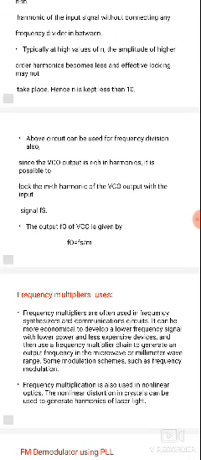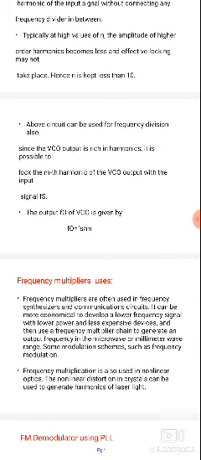The above circuit is used for frequency division also. Since the VCO output is rich in harmonics, it is possible to lock the mth harmonic of the VCO output with the input signal Fs. So it can be used in frequency division also.